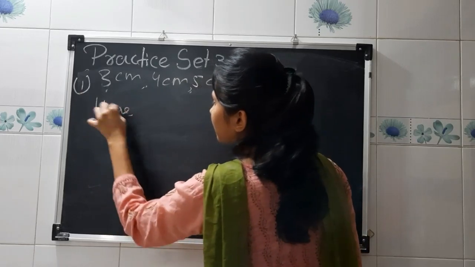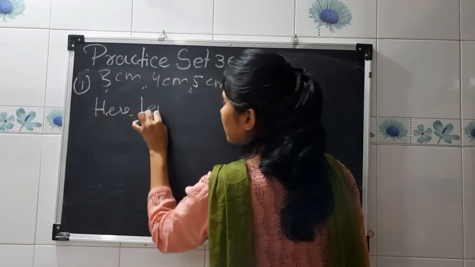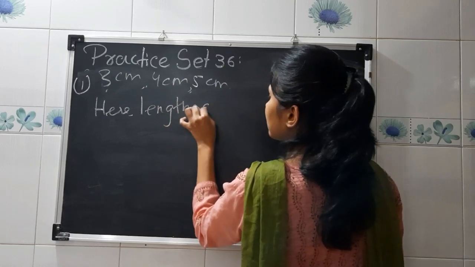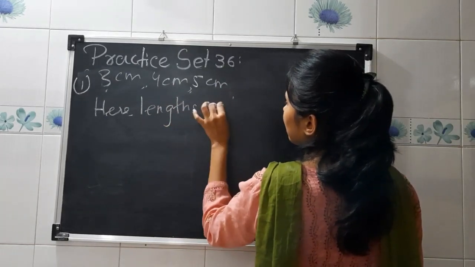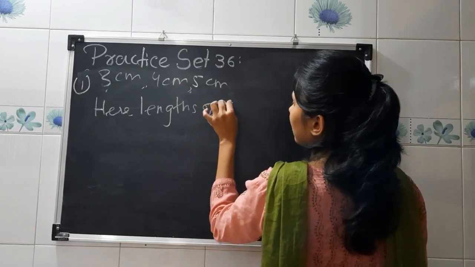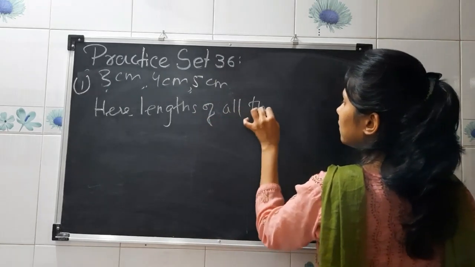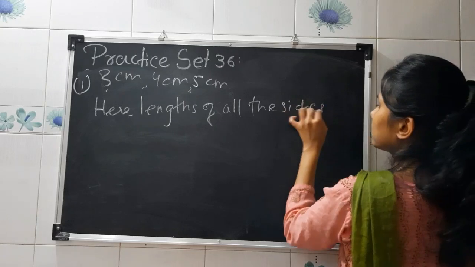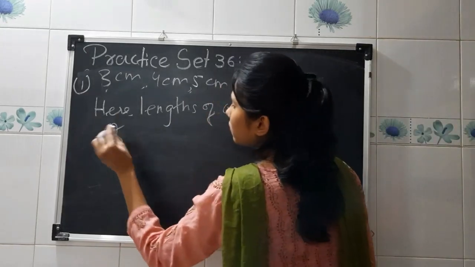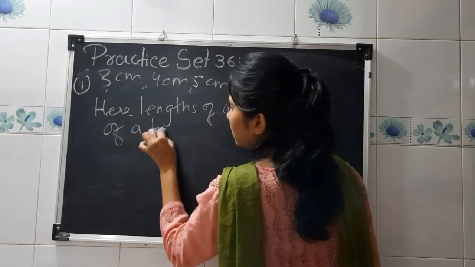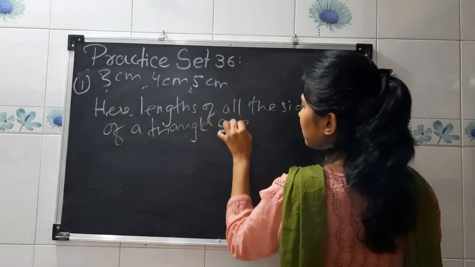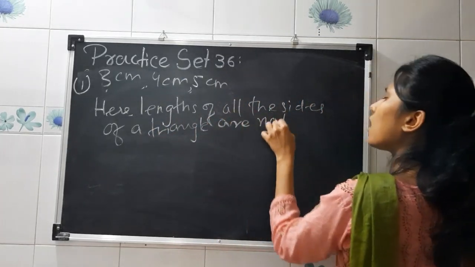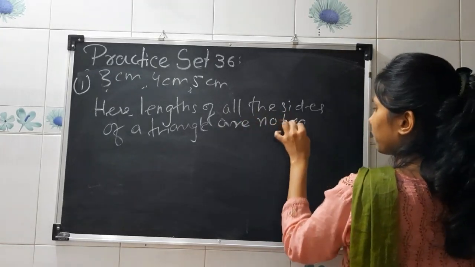Here, the lengths of all the sides of a triangle are not equal, or are different.